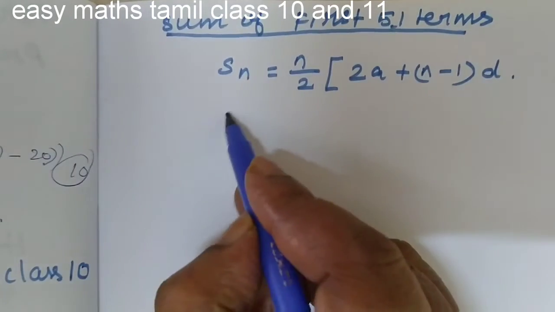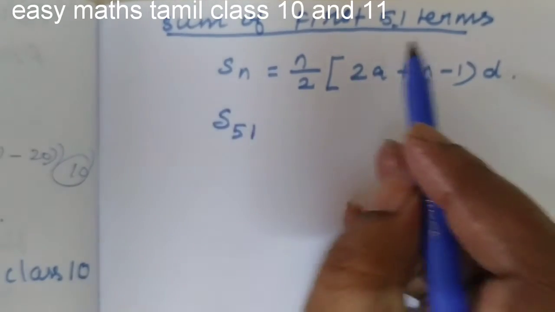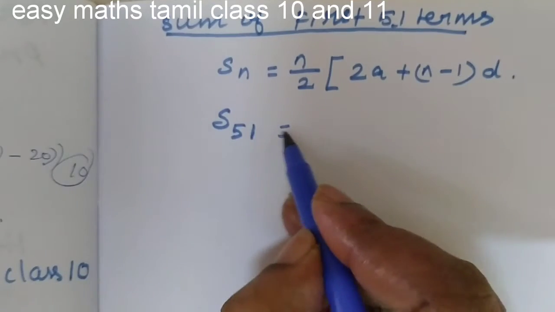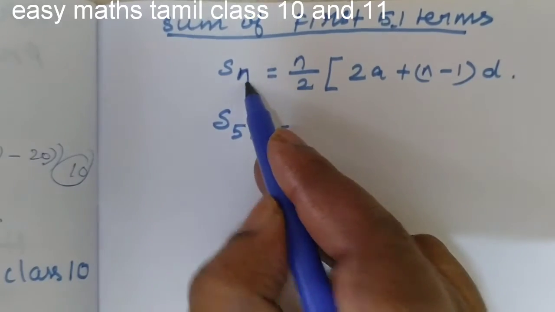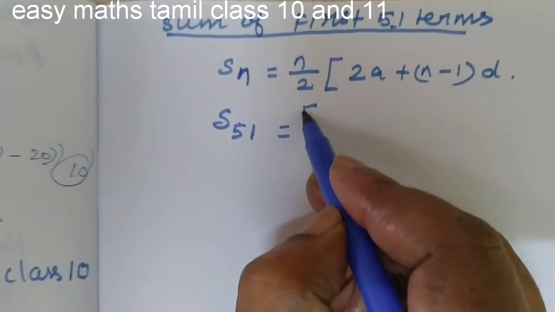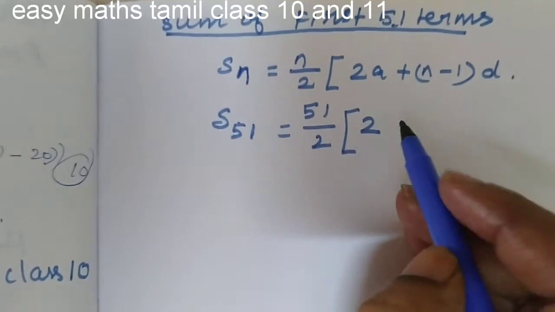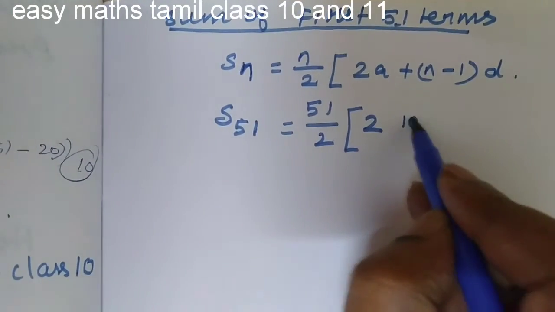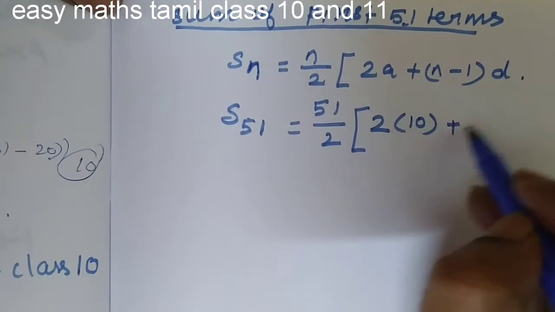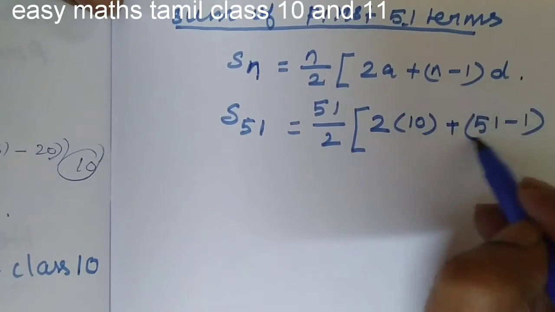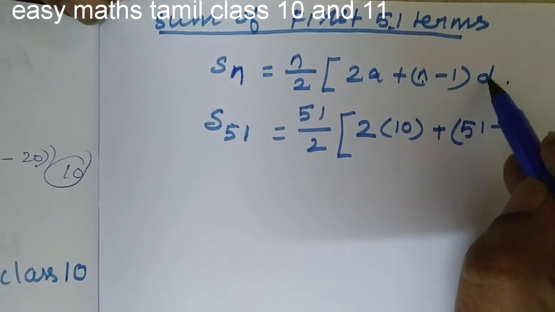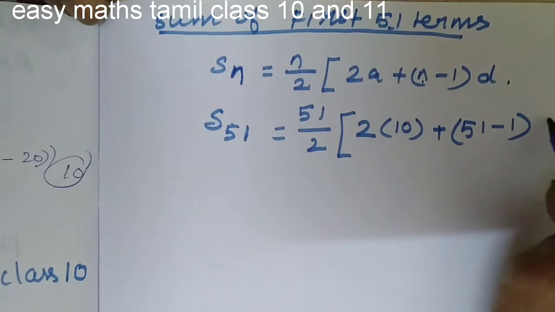The sum of 51 terms is S51. So in the place of n, 51 is there. So 51 by 2 into 2 into the value of A, which is 10, plus n is 51 minus 1. N value is 51. D is 4.